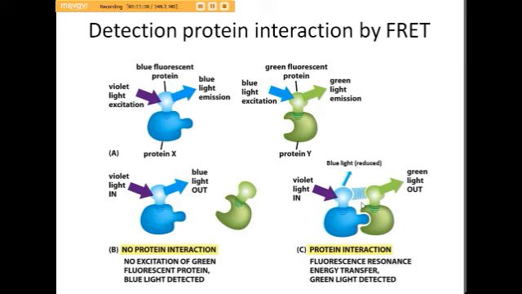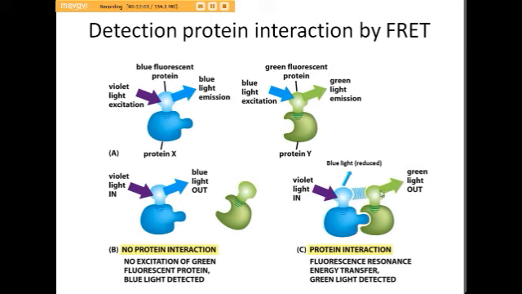If we use the same intensity of violet light to excite the BFP, the BFP will still generate blue light as the emission light, but the blue light will be reduced because part of the excitation energy will be directly transferred to the YFP. Then the YFP generates its characteristic green light.